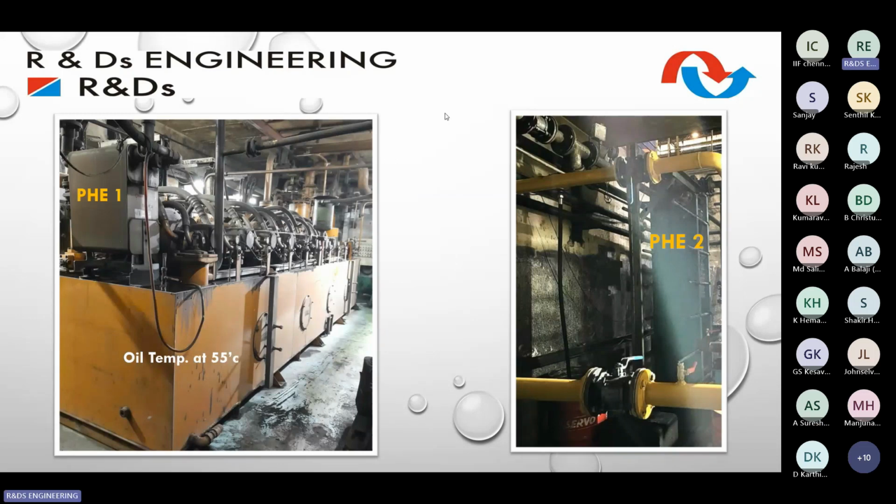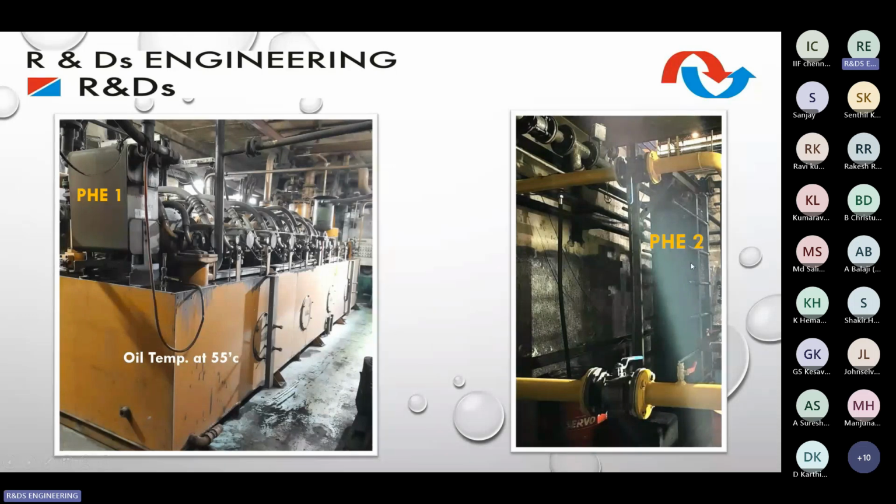This is a picture we took from your plant. Earlier the temperature was around 55 to 60 degree, which they were maintaining. These are the heat exchangers that were working. This is PHE1, this is another heat exchanger, and there was one more heat exchanger.